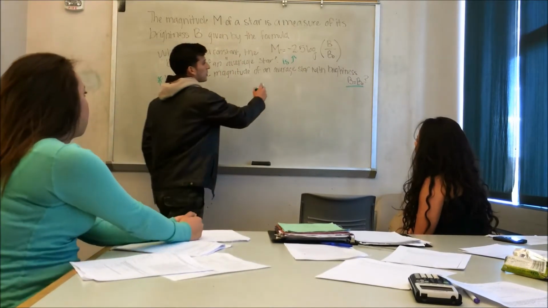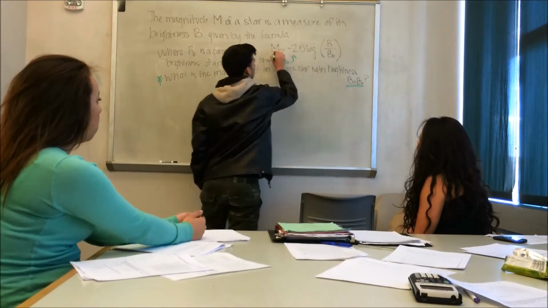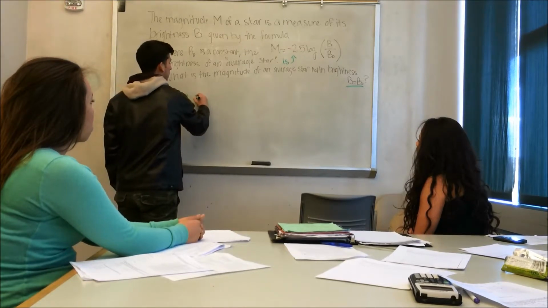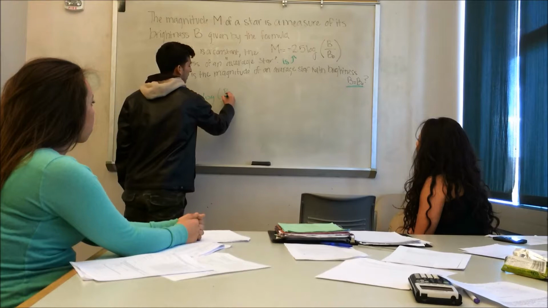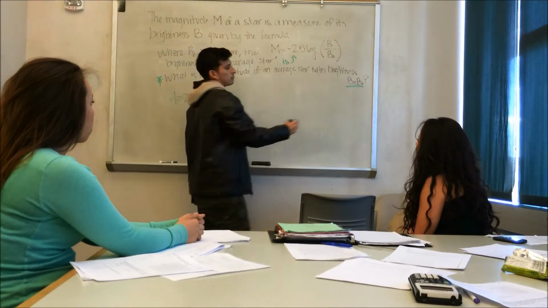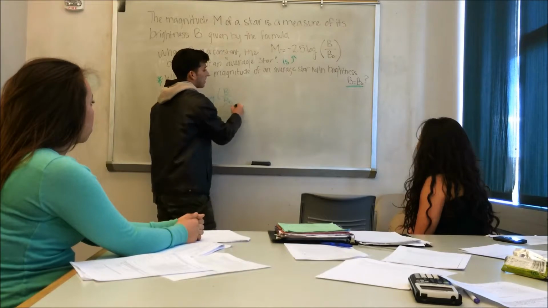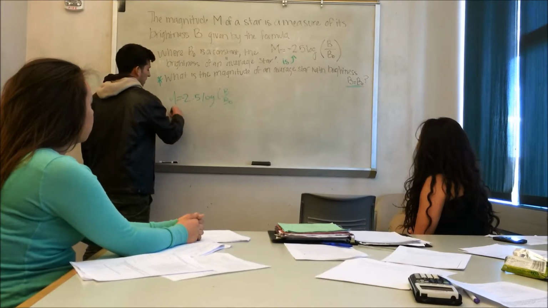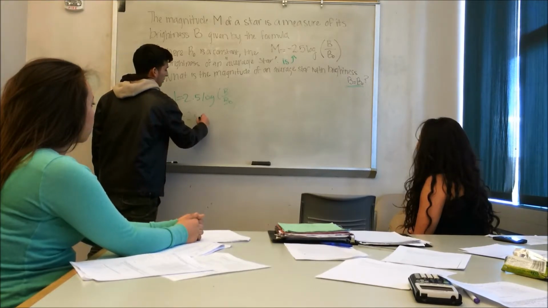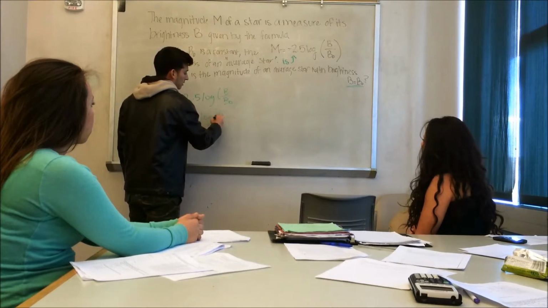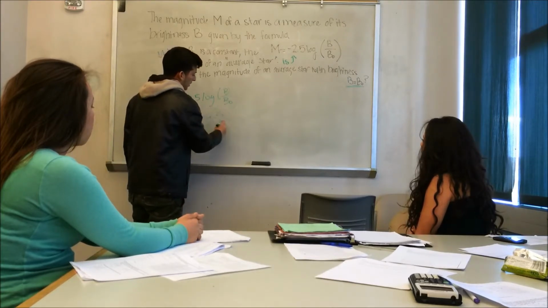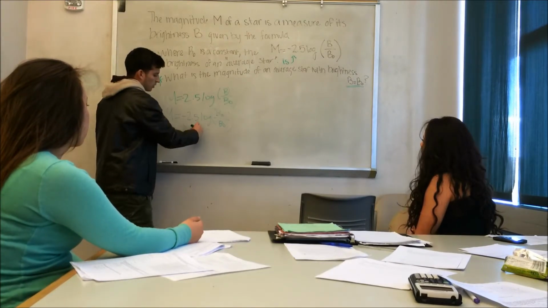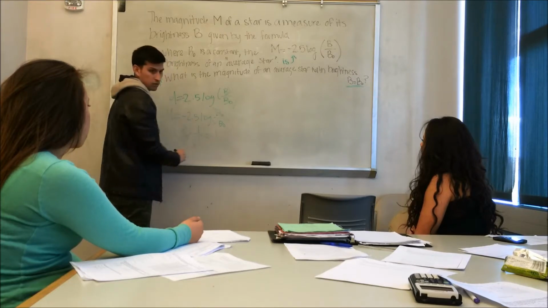So what we're going to do first is we're going to take this equation, which is m equals negative 2.5 log B over B naught, and replace this B with this information right here. So this equation is going to become m equals negative 2.5 log B naught over B naught. This B naught over B naught can be the same as x over x or 1 over 1, which is going to be equal to 1.